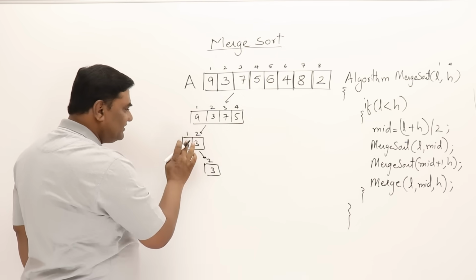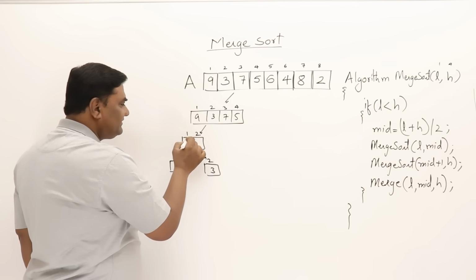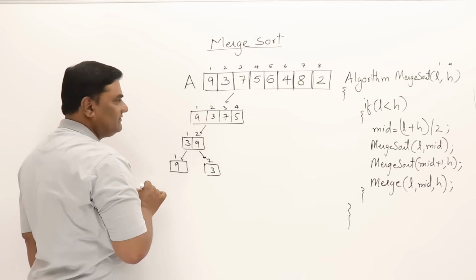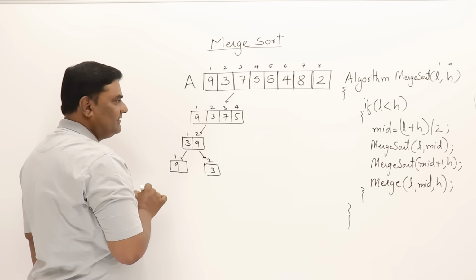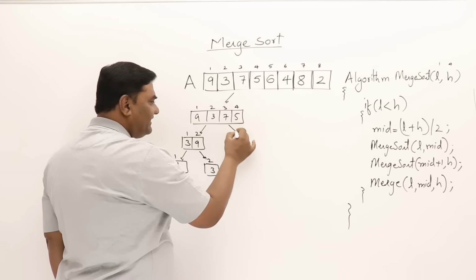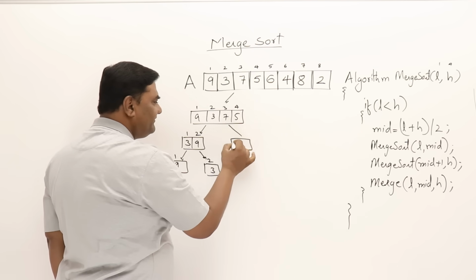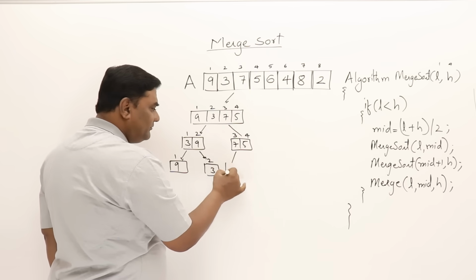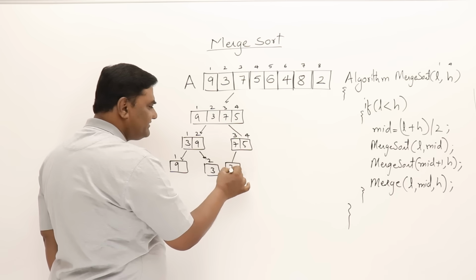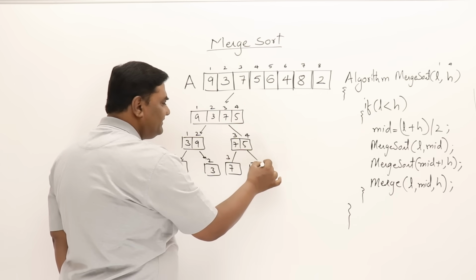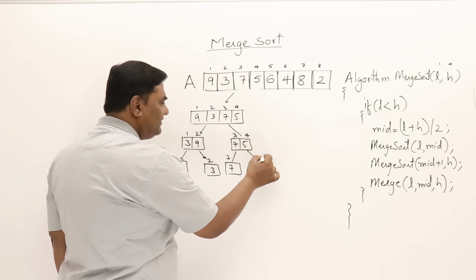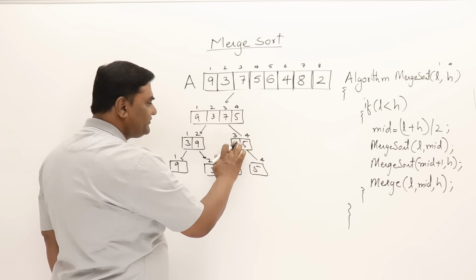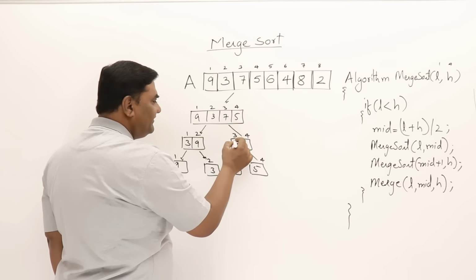Now these two are merged, so the result becomes 3, 9. Then it will go on the right hand side, so this becomes 7, 5, that is 3, 4. Then it will come on the left hand side, this is just 7, then it is just 5. So these two are merged, so it becomes 5 and 7.